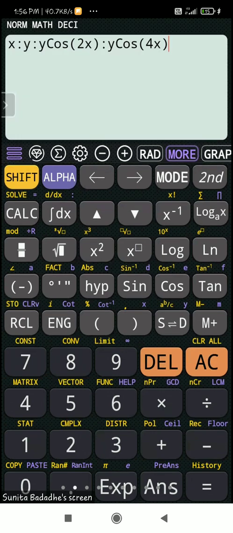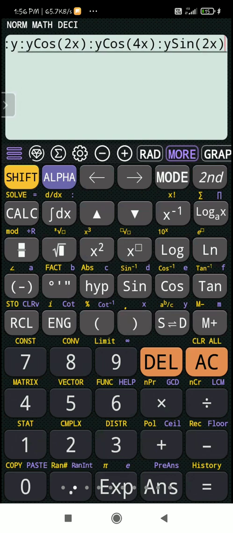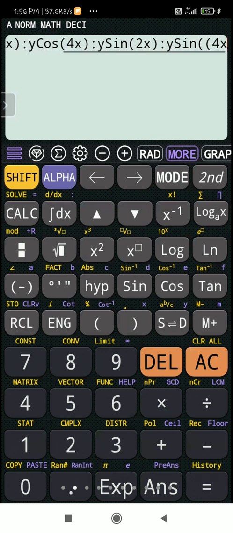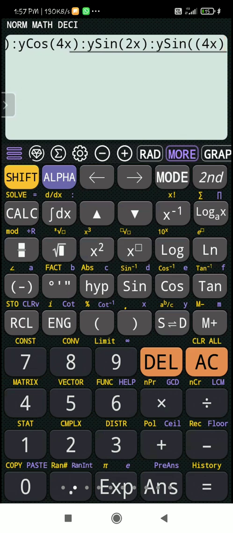So this will be the term. Now again alpha and colon, alpha y, then there is sin 2 alpha x, complete the bracket, alpha colon, alpha y, sin, and there is 4 alpha x, complete the bracket.